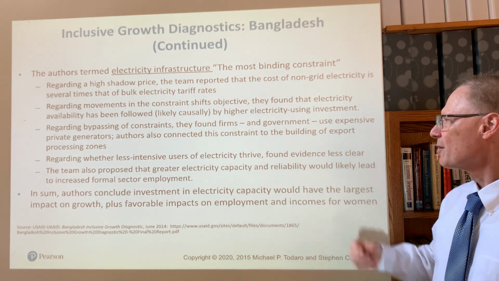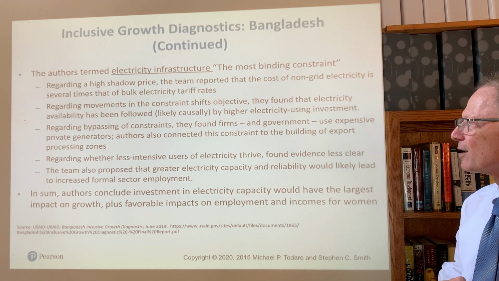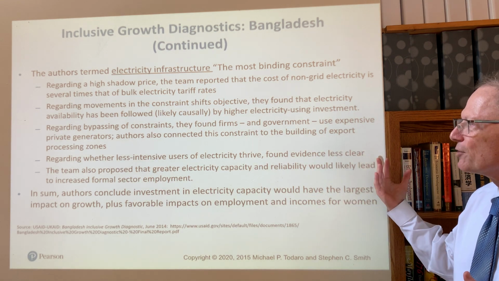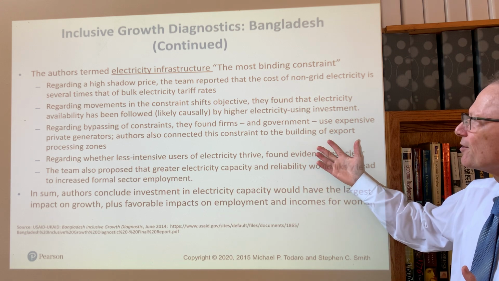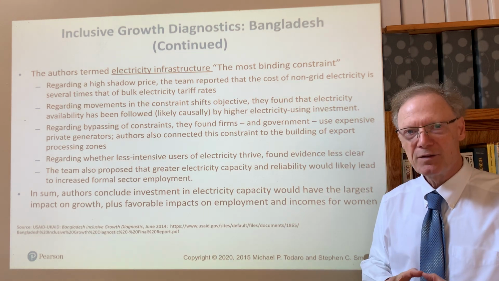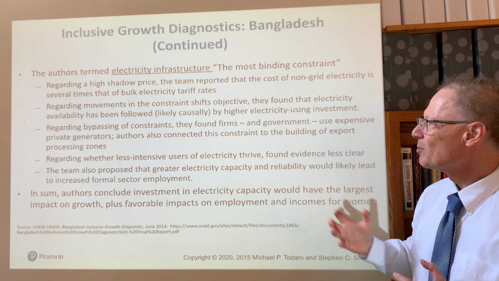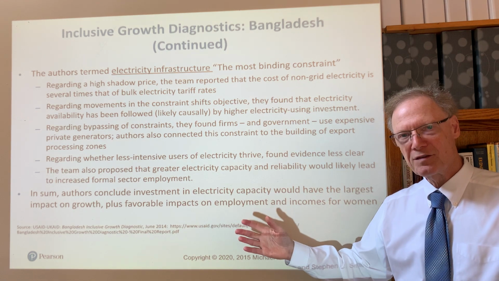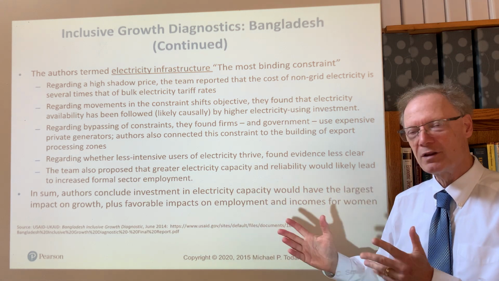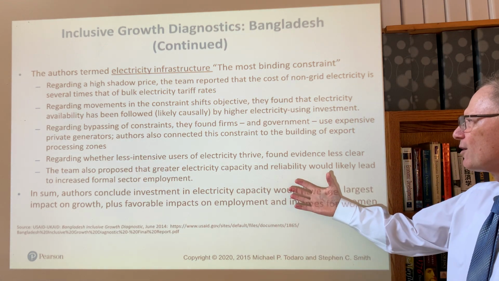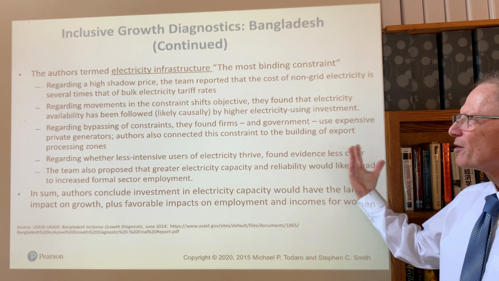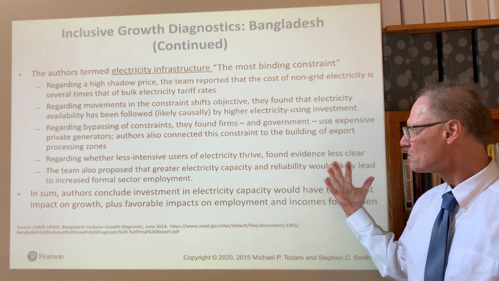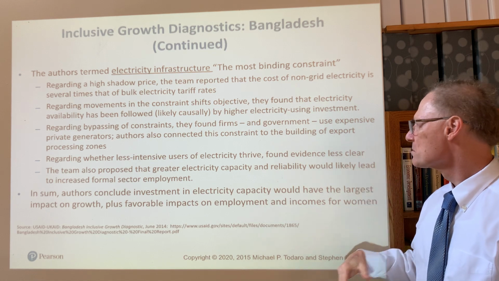But they found that these firms were in fact using these generators, and so they decided, this really is an example of trying to get around the constraint. The constraint is there is either no electricity available or it's too unreliable.